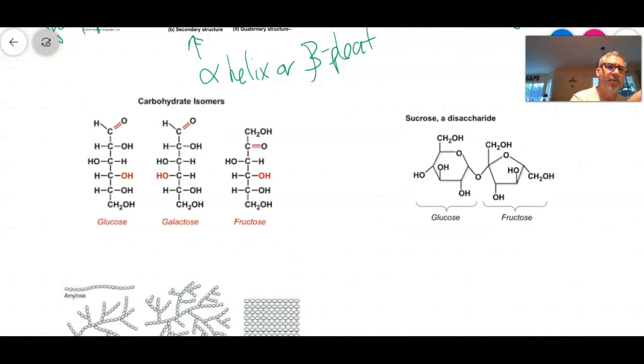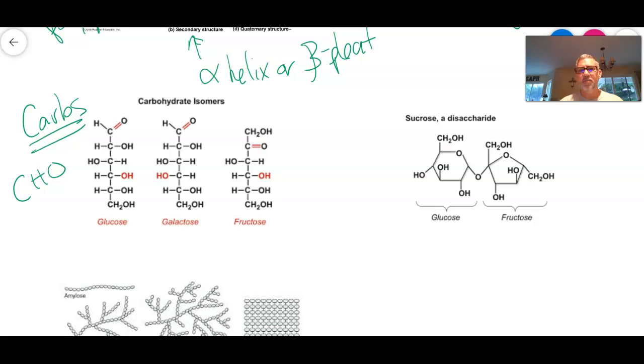So if we do carbohydrates, remember carbohydrates are only made of C, H, and O. So our monomers or our monosaccharides, glucose, galactose, and fructose, they all have the same formula.